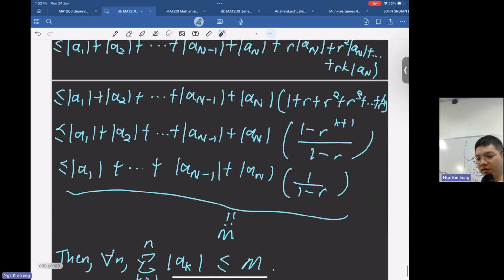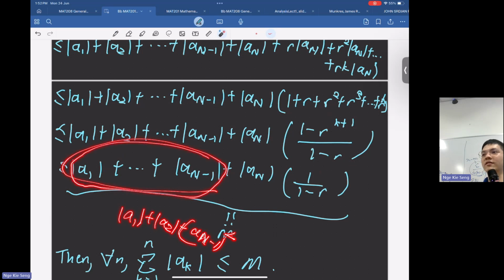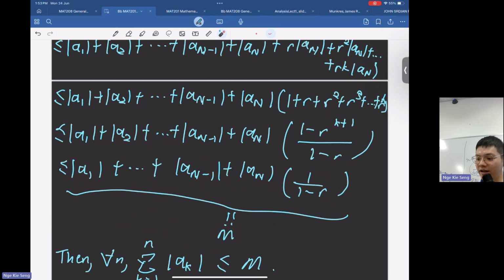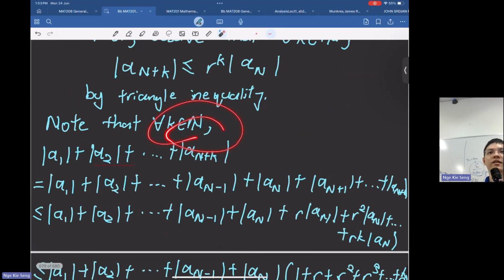Is it true that the sum of a_1, a_2 up to a_(N-1) is still less than M? True, right? Because you contain all the previous finitely many terms. But what I have shown you is that all the infinite partial sums after n are still less than M, because I showed it for all k.